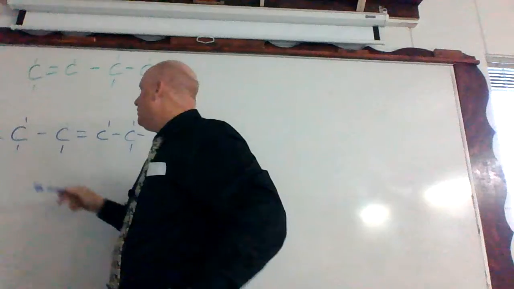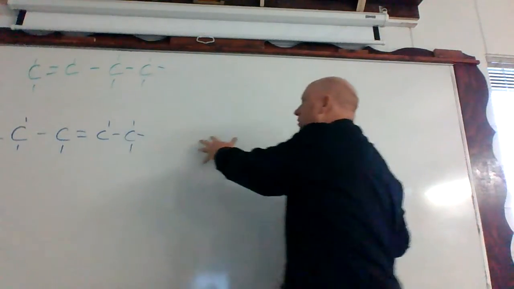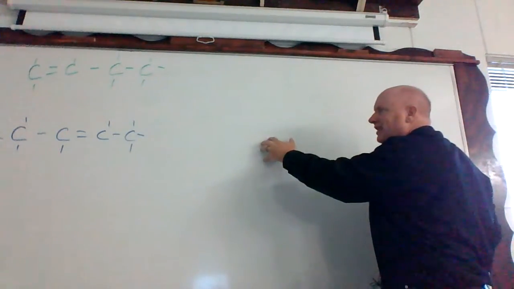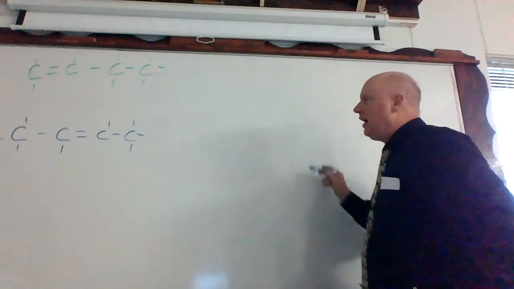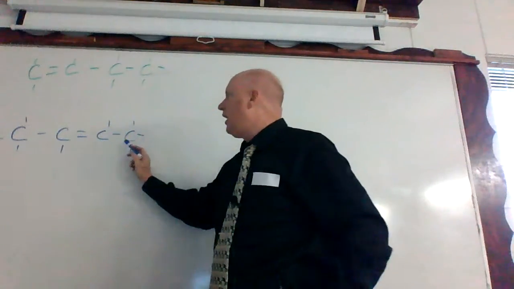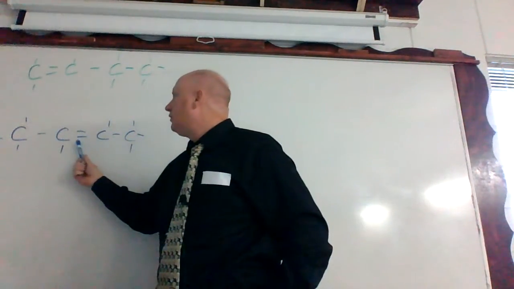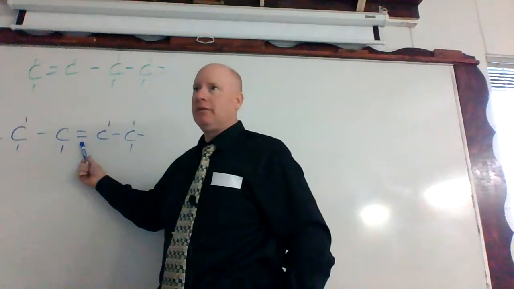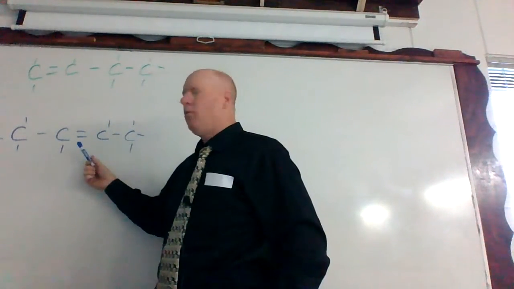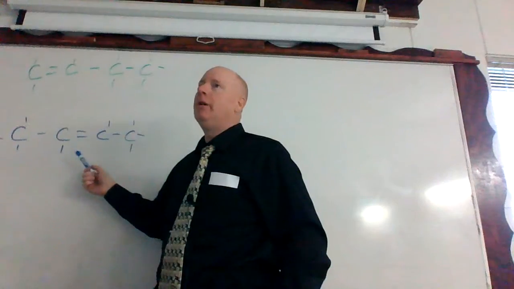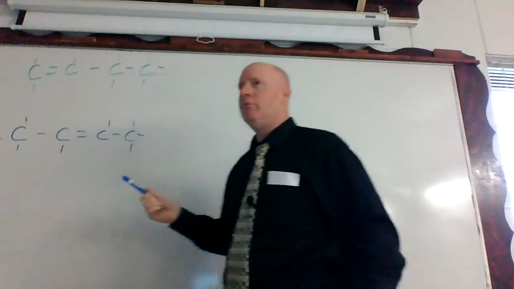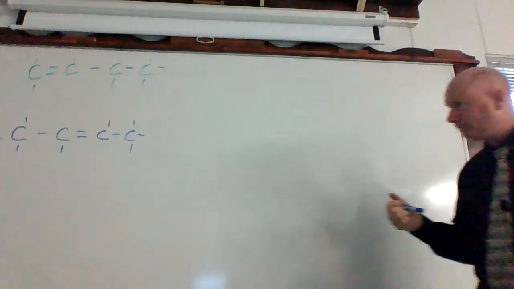And same thing here. It doesn't matter if there were 4 more carbons on this side, so you would have 6 on this side and only 2. This is still considered symmetrical. Now, you might think that doesn't make any sense, but this goes back to what we call Markovnikov's rule.